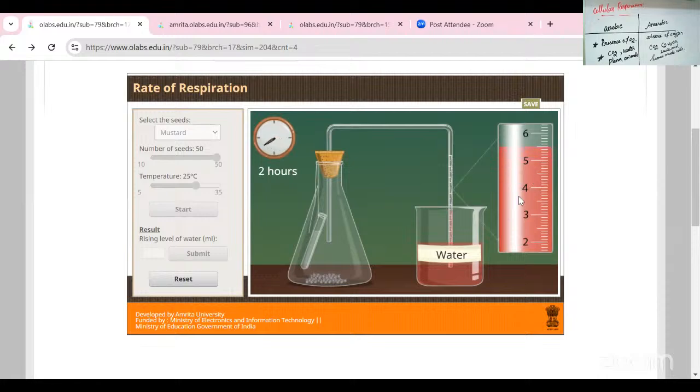It moves fast. Yes, the level of that scale is 5.5. So that is 3.5 centimeters. The water level is increasing here. The process is very fast.